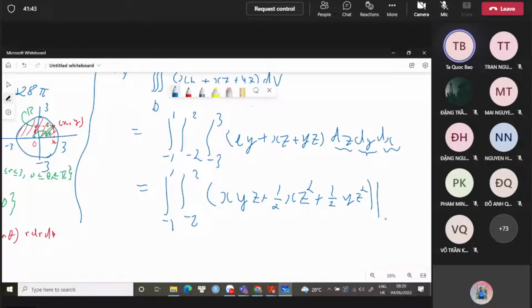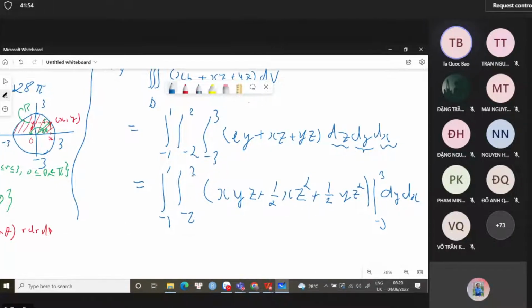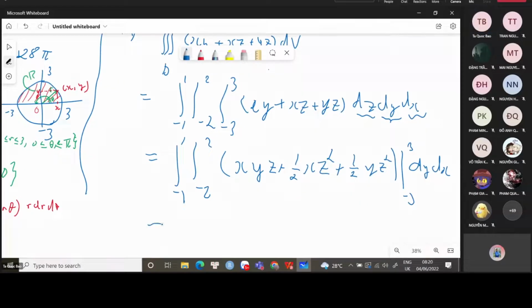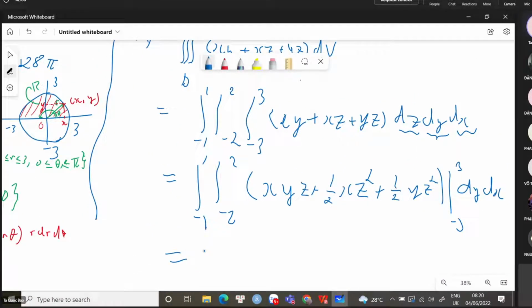It takes from -3 to 3 dy and dx. And similarly, you calculate this integration for y, and then for x, and finally you get the result is 0. Okay.